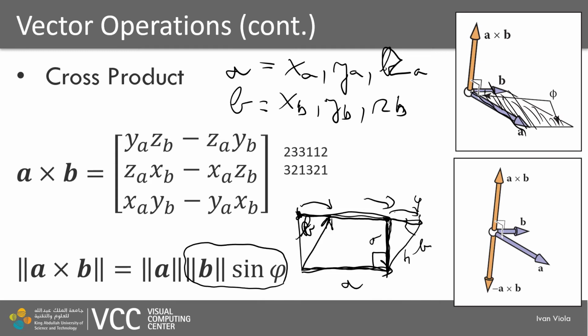The x-coordinate of the cross product vector is YA times ZB minus ZA times YB.